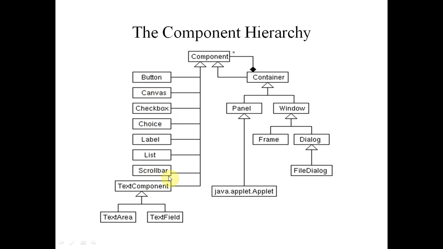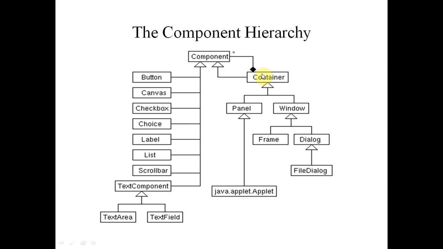There are many more components in this hierarchy. The text component is divided into text area and text field, and we have the container, and inside the container we can store multiple components. You can see here the relational diagram of all these components as well as the container.